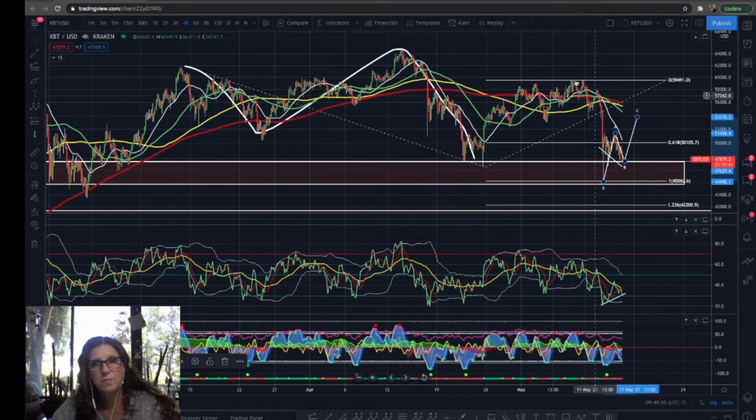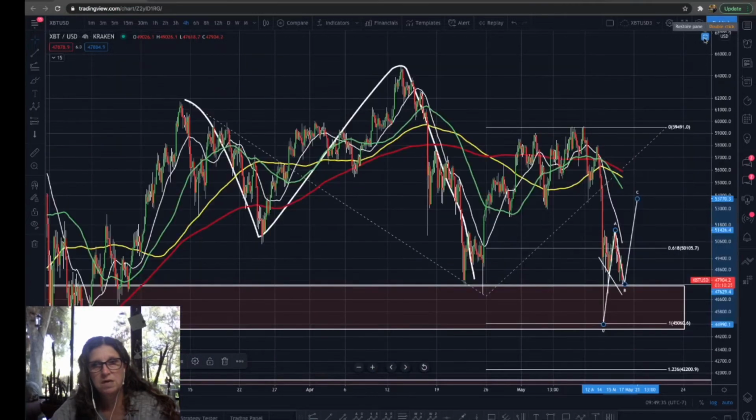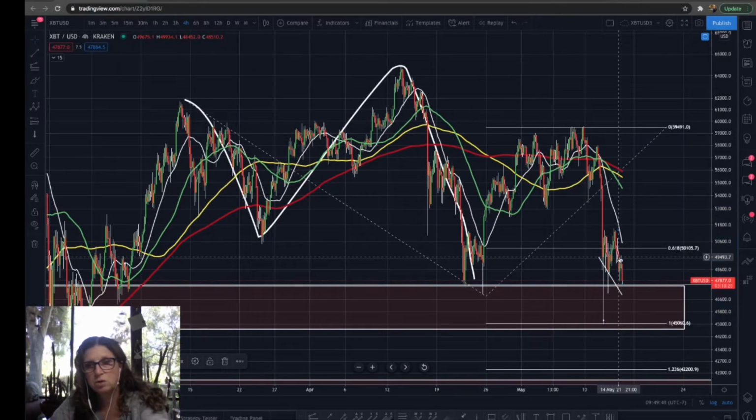But what would happen is that would just create that 3-wave move, and we would create the Y, even if we do get a pop up here. So I don't see a bullish option at the moment.